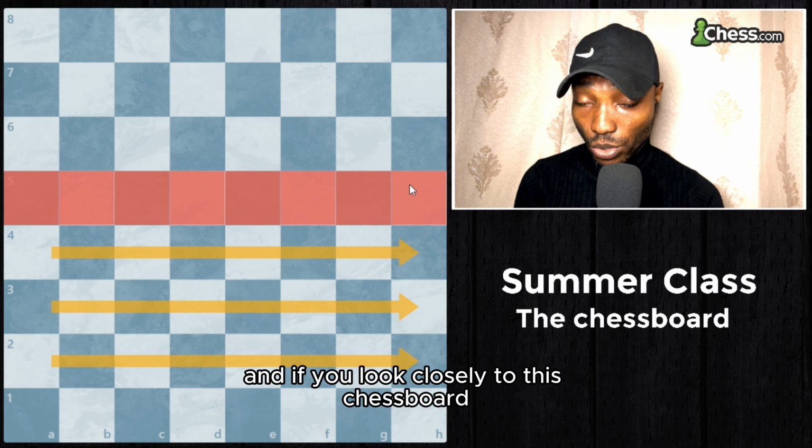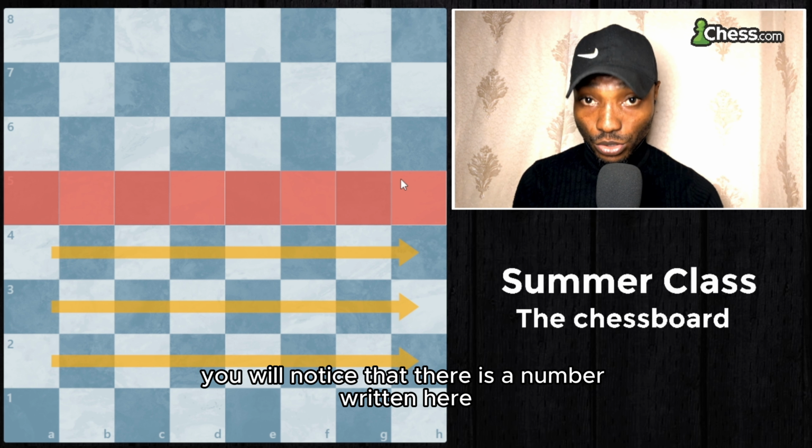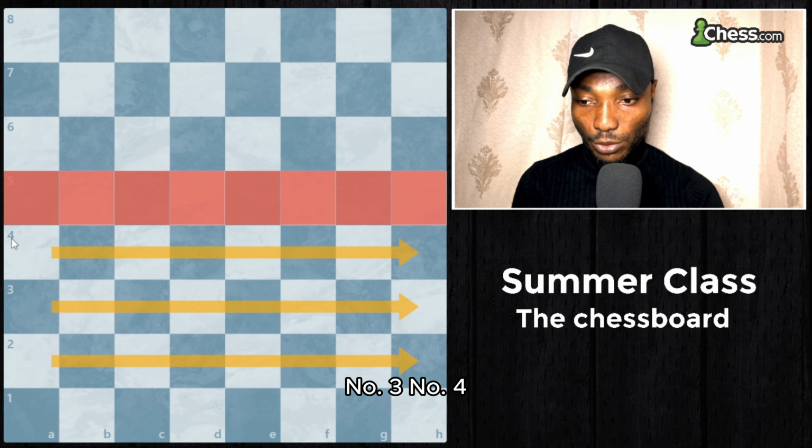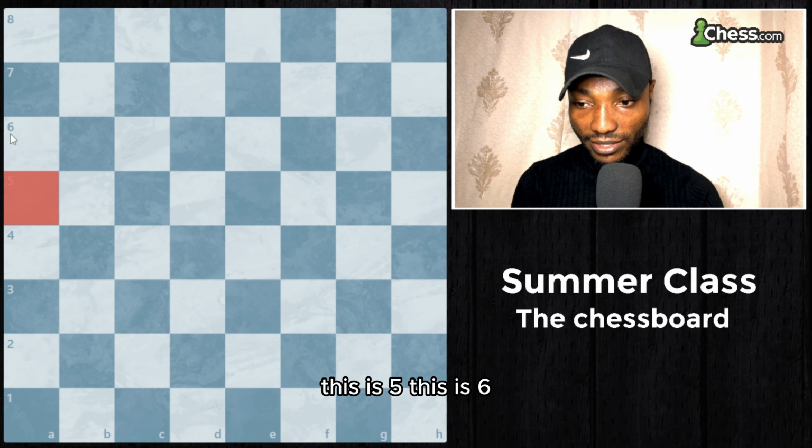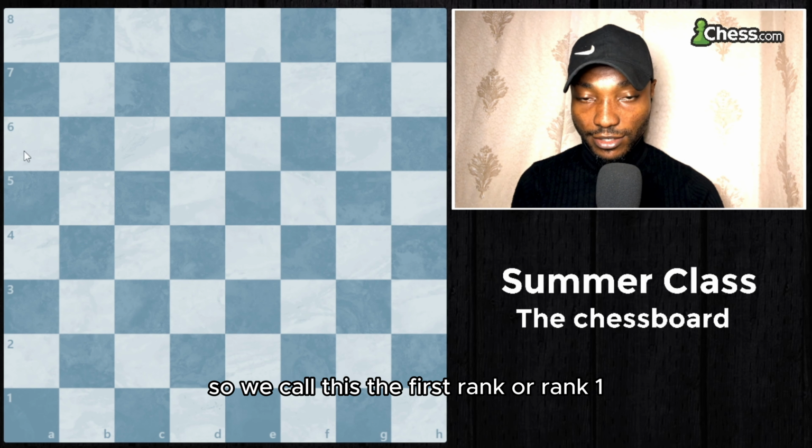And if you look closely at this chessboard, you will notice that there's a number written here, which is number 4. There is number 1, number 2, number 3, number 4, this is 5, this is 6. So we call this the first rank or rank 1, meaning all squares on that particular rank are first rank squares.